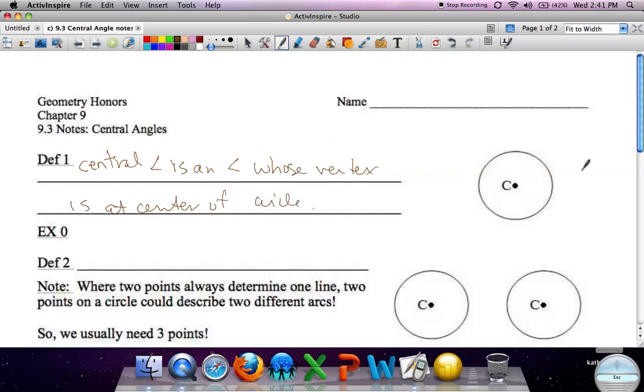So in this circle with center C, a central angle would have a vertex right at the center. So if this was ACB, angle ACB is a central angle.